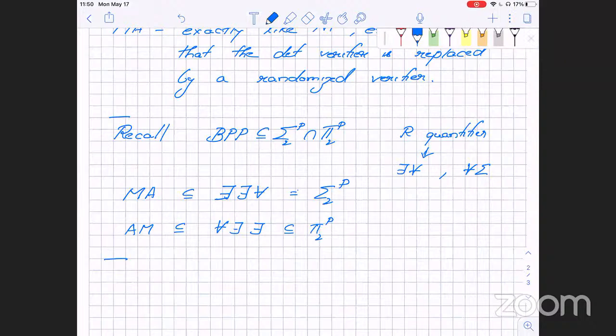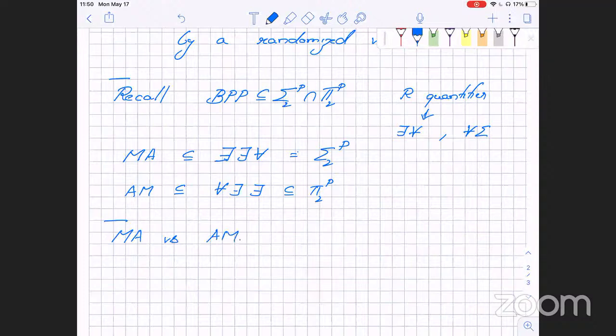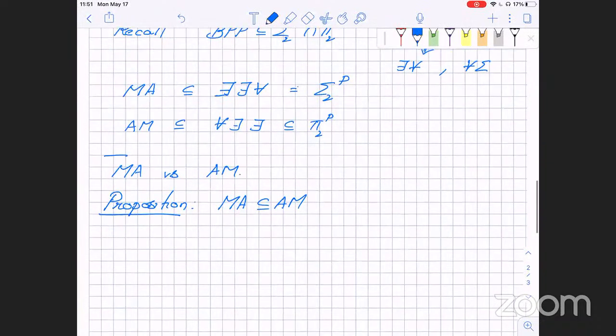Okay. So MA is an AM. Now I want to compare MA versus AM. Actually, what we will show is the following proposition, that MA is actually contained in AM. So basically, what do I mean? What do I want to say by this?